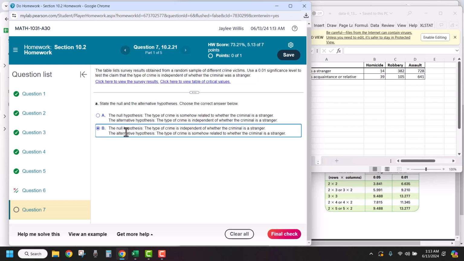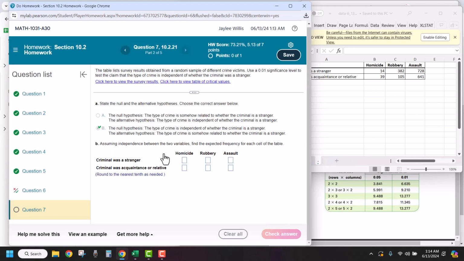So the correct option on this one would be that the null hypothesis is that the type of crime is independent of whether the criminal is a stranger or not. And then the alternative hypothesis is that the type of crime is somehow related to whether the criminal is a stranger or not. So the null hypothesis will always be that the two variables are independent. Alternative will be that they're related in some way.